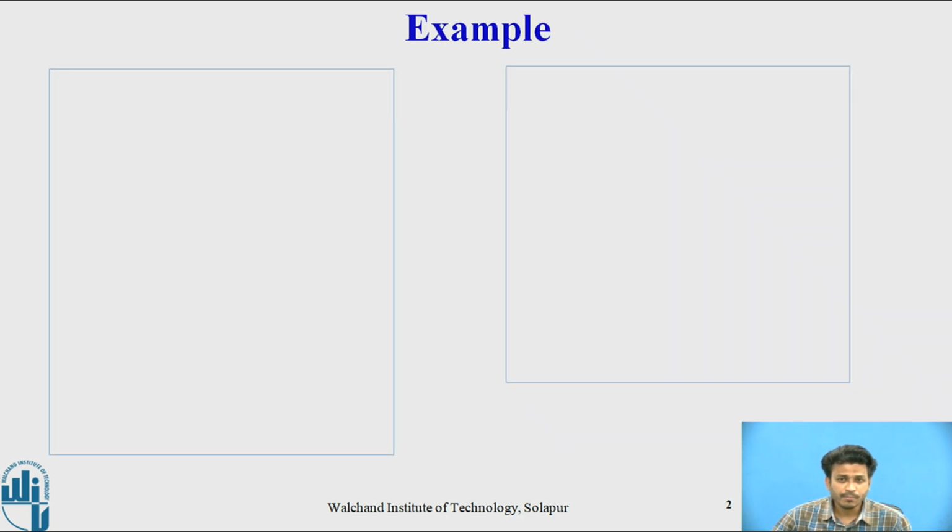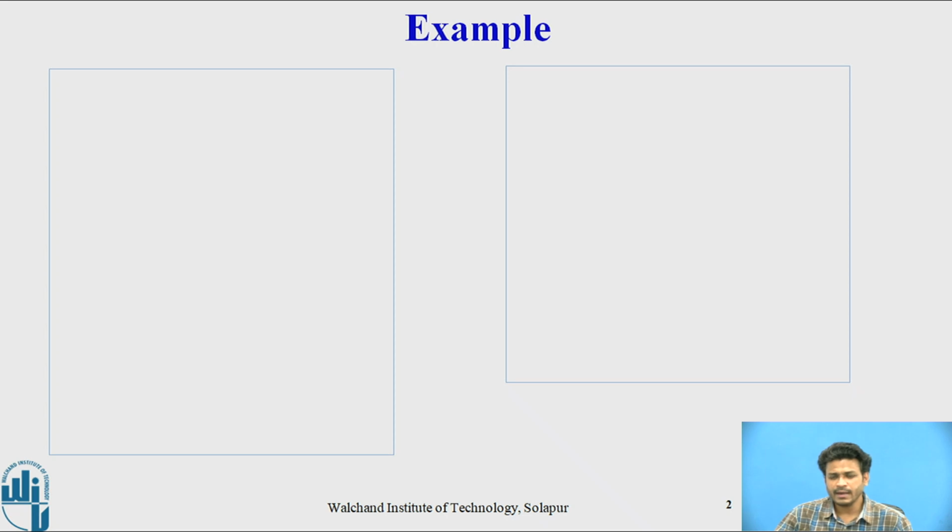Okay? Means what? One child class has more than one base class. That is nothing but multiple inheritance. And the problem is what? This child class is inheriting the properties of both the classes.